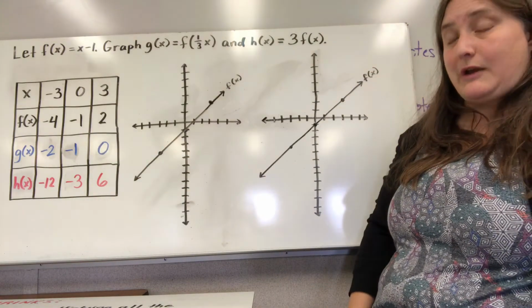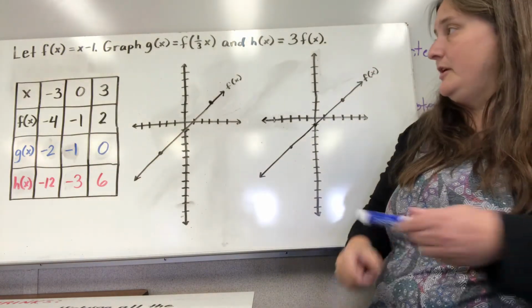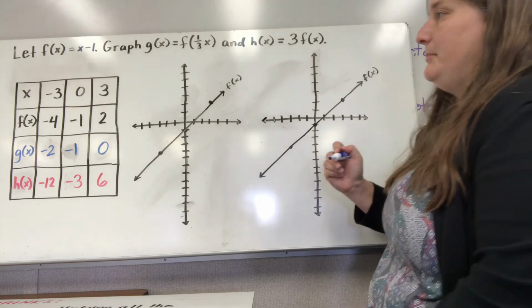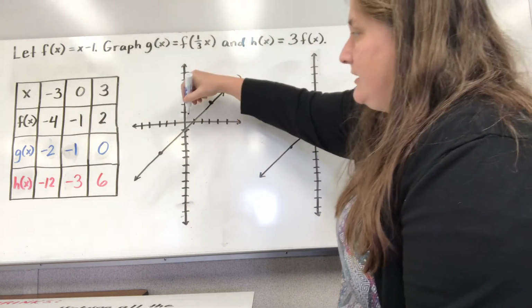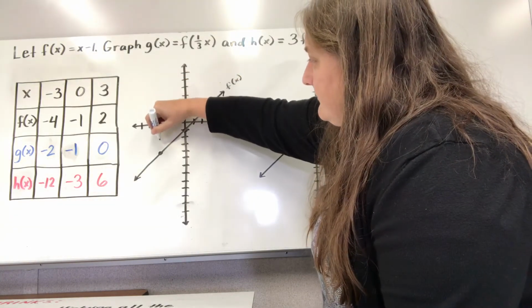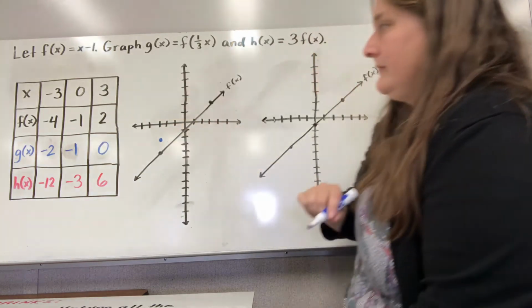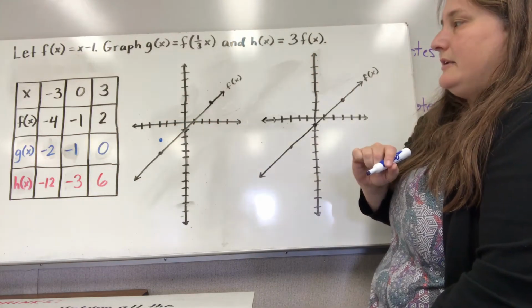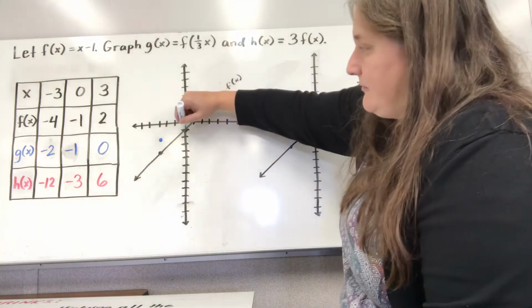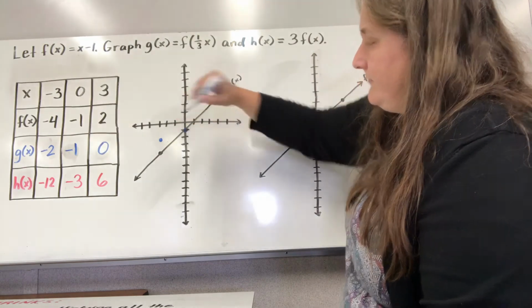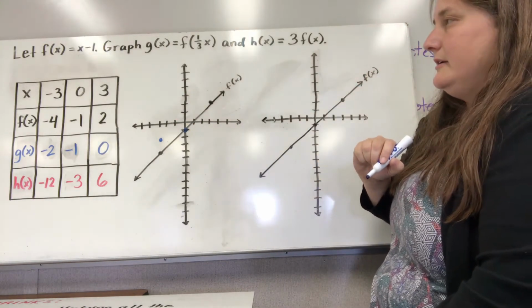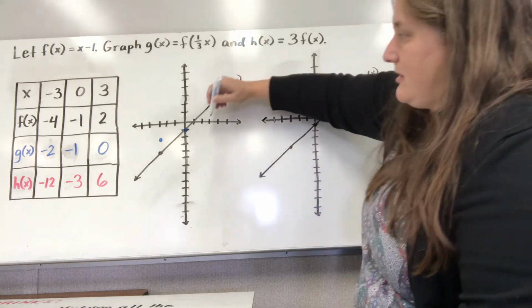And now I'm going to graph that function. So my g of x had an input -3 and an output -2. And then I had 0, -1. That one stayed the same. And I had 3, 0.